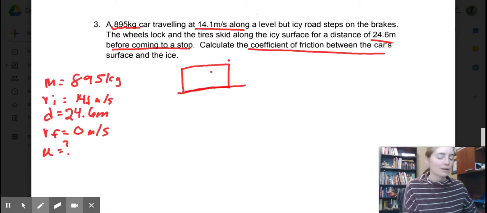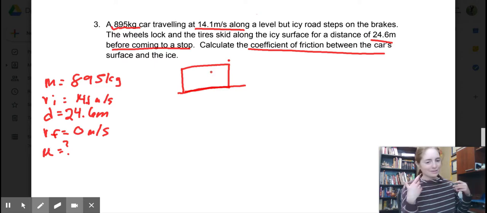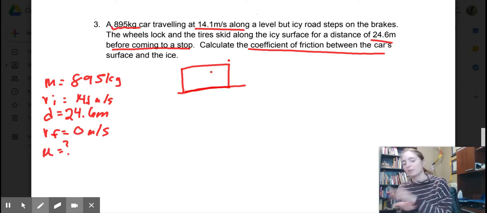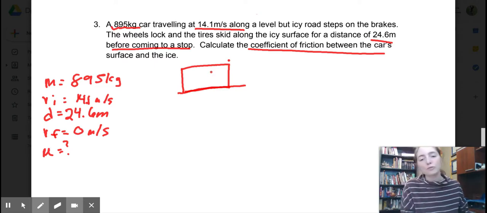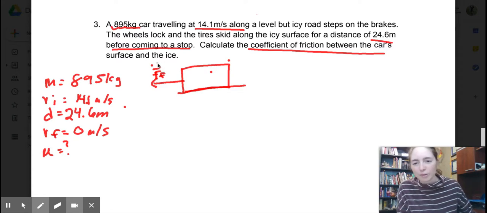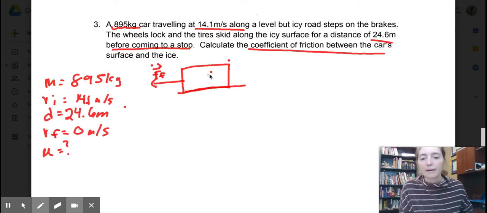So the car is going to have no force applied, as this guy's not stepping on the gas. He's stepping on the brakes. So he has no force applied on his car. But when you brake, you are just increasing the force of friction between the vehicle and the road. Well, not between your vehicle and the road, excuse me, between your vehicle and its wheels.